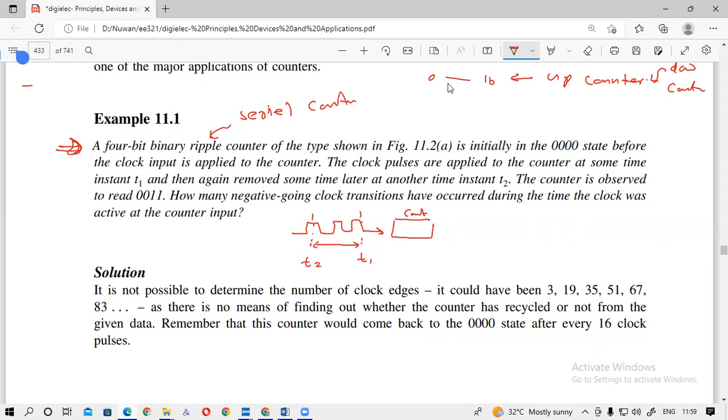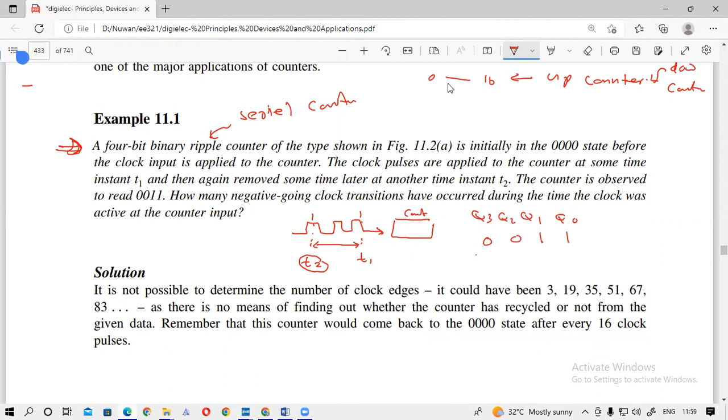So the final value: at t2, if we read the counter output value, that means Q0, Q1, Q2, and Q3, it will be 0, 0, 1, 1.